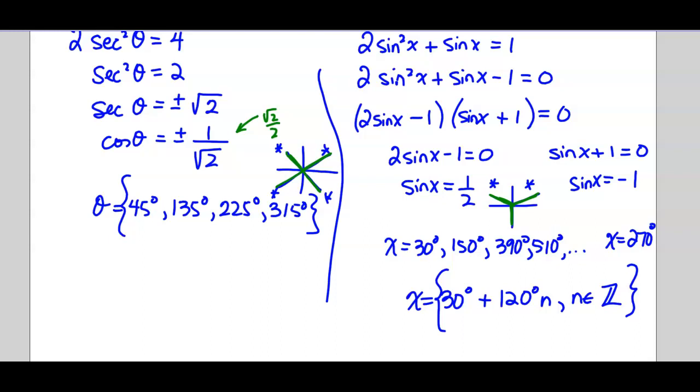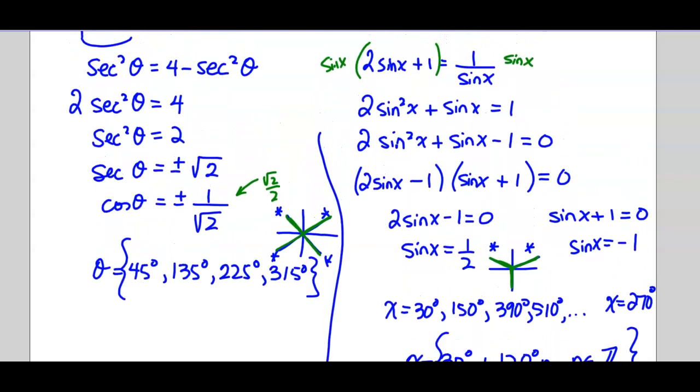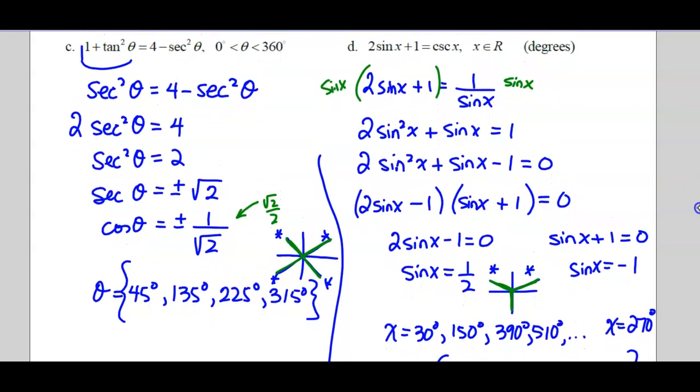Now these last two here, take a look at them. None of them have had denominators in the beginning, but they've had reciprocal trig ratios. So if we were thinking about restrictions, nothing in the denominator, but we know that tan theta cannot be undefined, and secant theta cannot be undefined. What makes those undefined is when cos of theta is 0, so we do not want it to be 0.